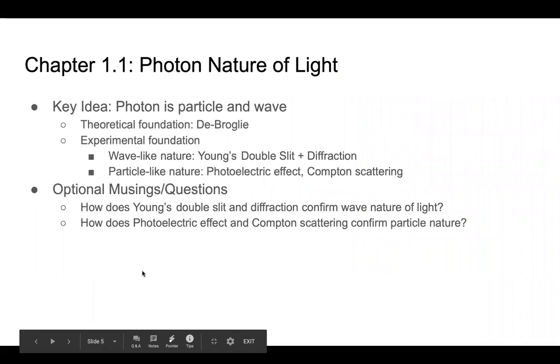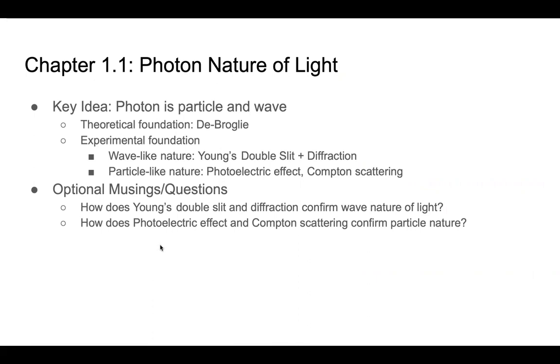So chapter 1.1 talks about the photon nature of light. You might have encountered this in some of your other classes too. The theoretical foundation for light being both a particle and a wave comes from de Broglie's hypothesis, which states that everything with particle-like structure has momentum and a frequency.